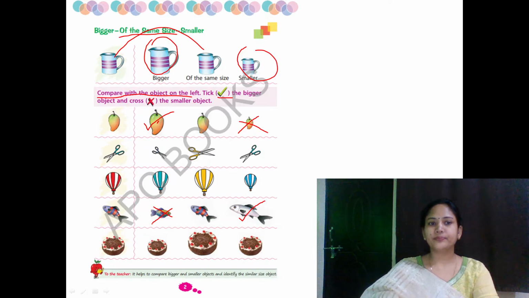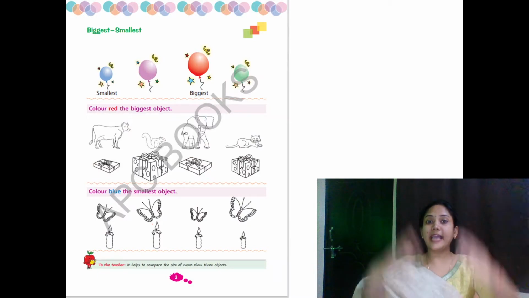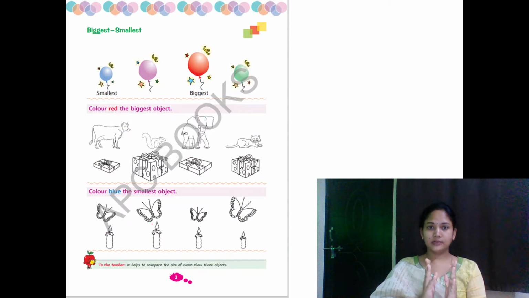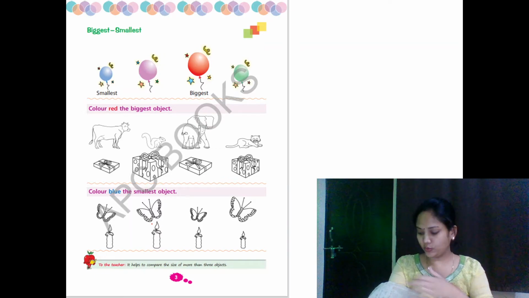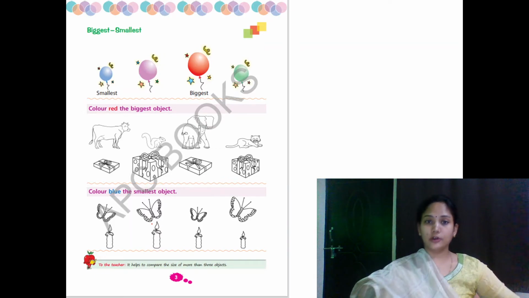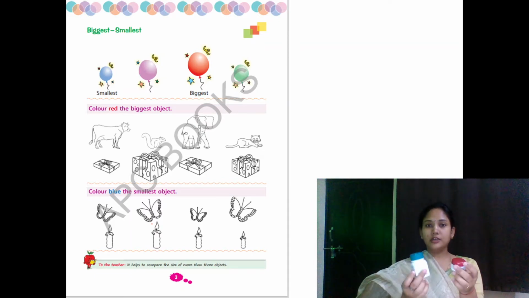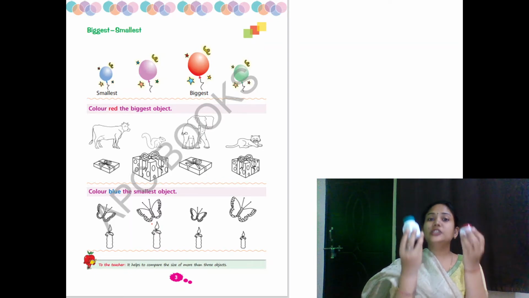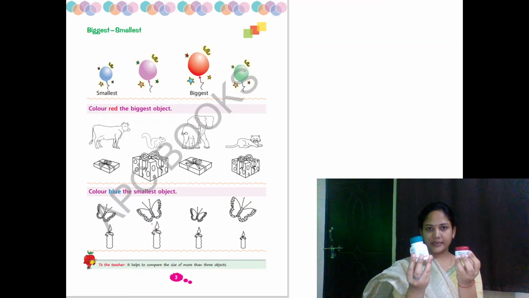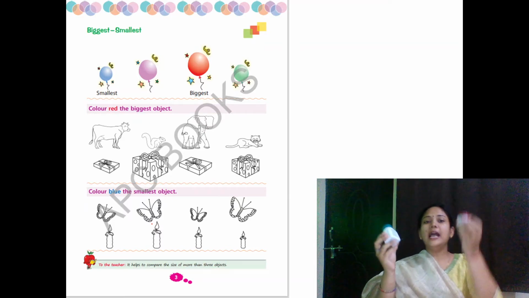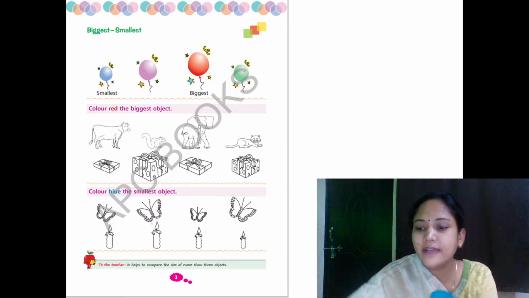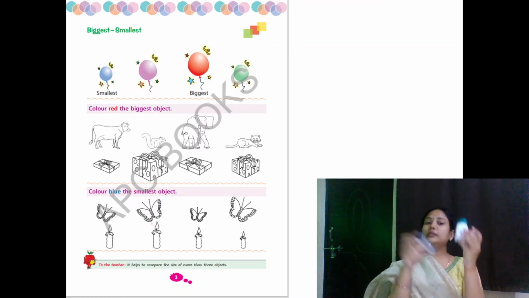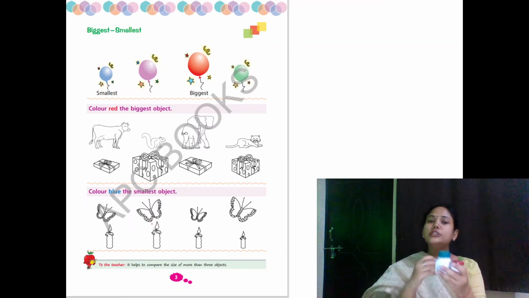Okay? Now see biggest and smallest. Children, if you remember, I told you that we use the term bigger and smaller with 2 objects. जब हम दो चीज़ों को compare करते हैं तो हम use करते हैं the term bigger and smaller. But when we have 3 things, more than 2 things, ठीक है, दो चीज़ों से ज़्यादा.